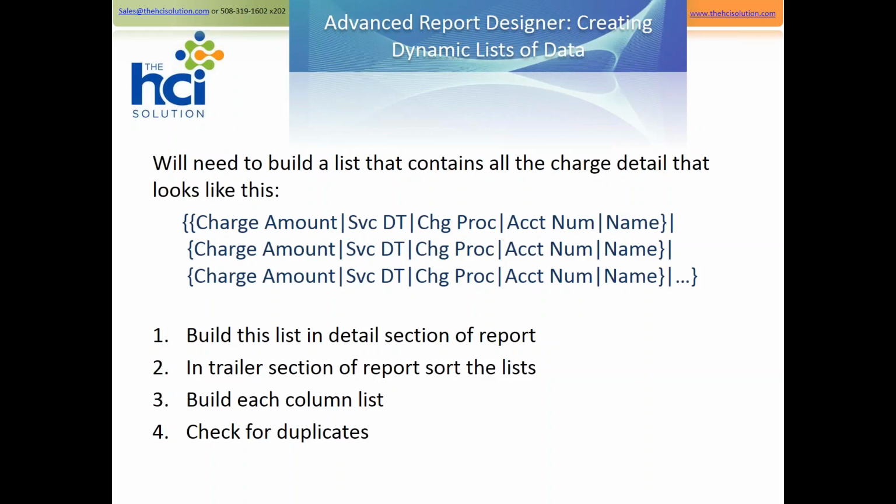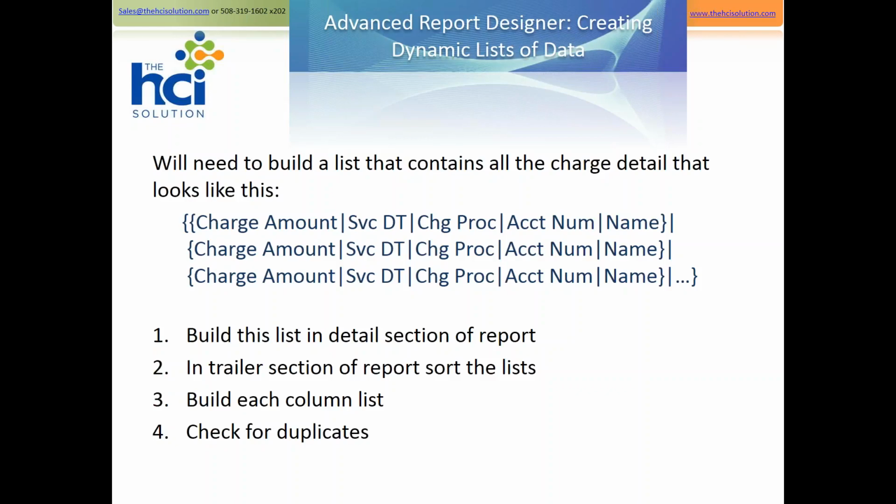So in order to do this, our report already goes through and lists off all the charge transactions for the given service date range. In order to do what we've been asked to do, we're first going to have to build this list, which is basically a list of lists.